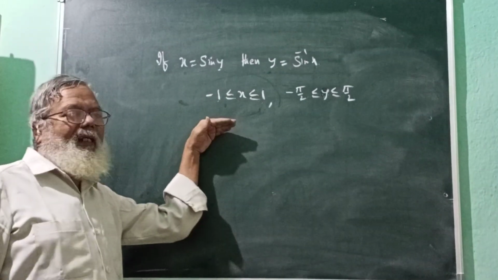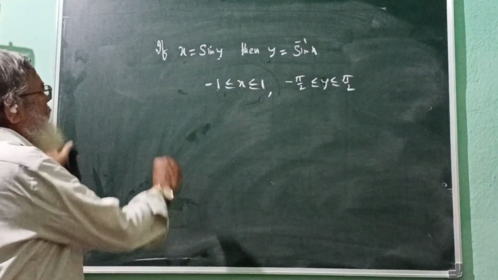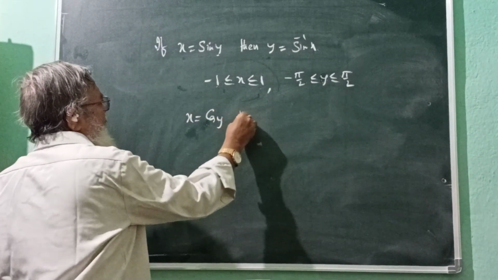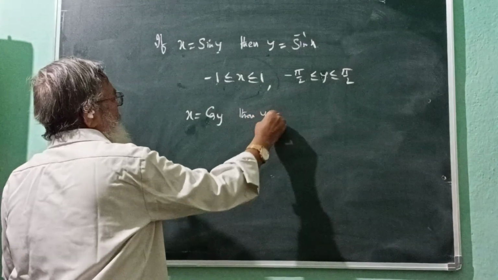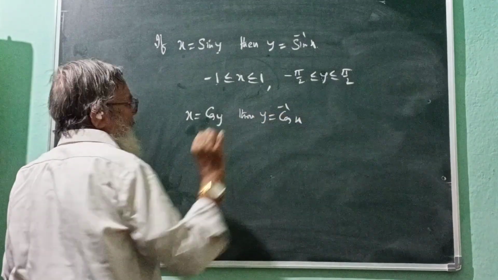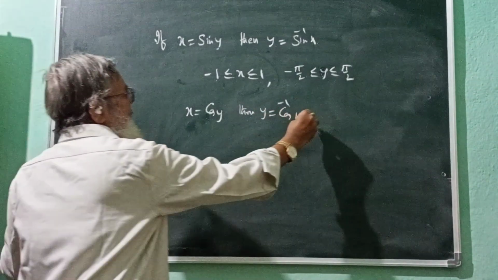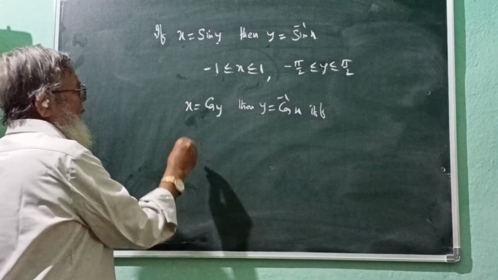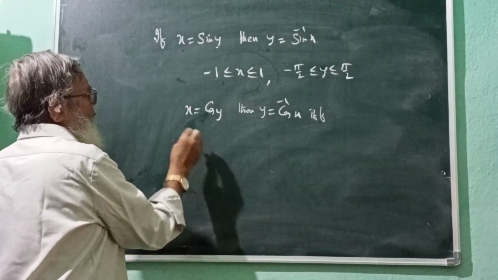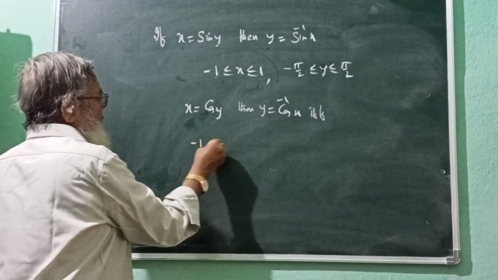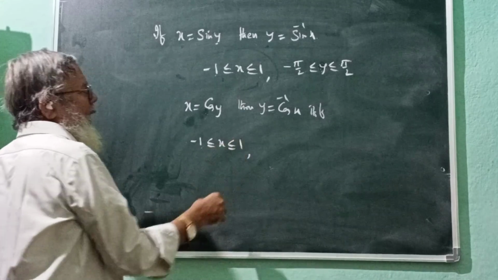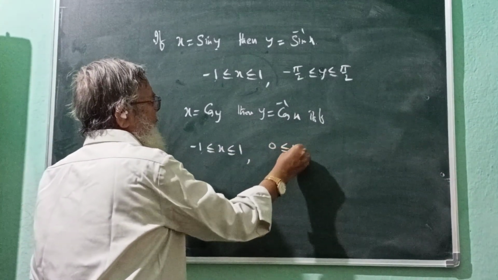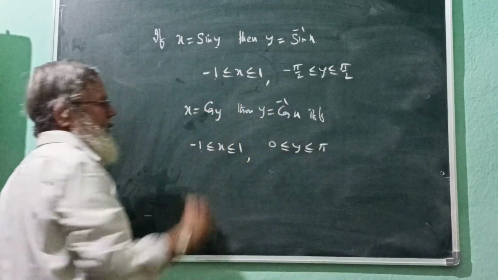Similarly we define, for example, you see here, suppose x is equal to cos y, then we can write y is equal to cos inverse x if and only if the value of x is in between minus 1 and plus 1, and the value of y is between 0 and pi, 180 degrees.